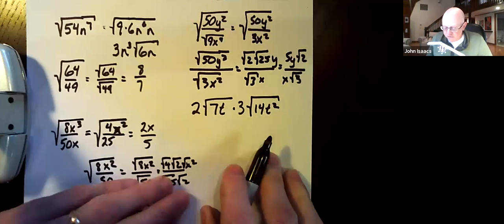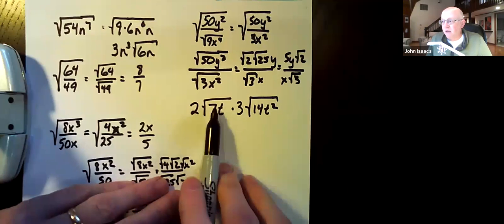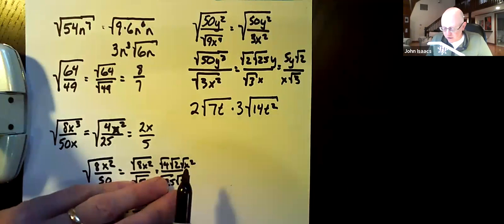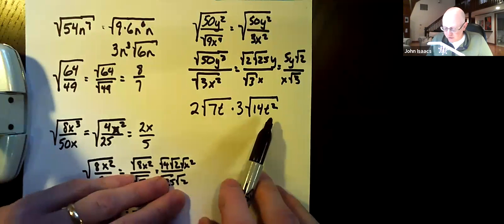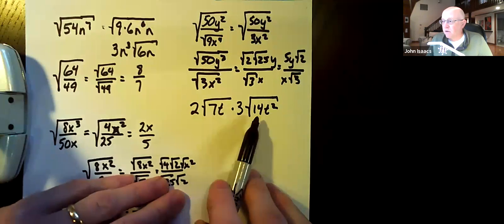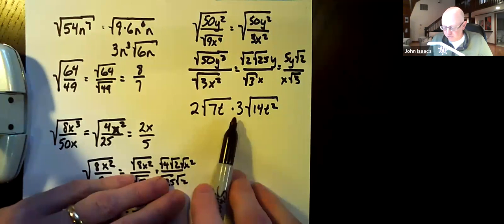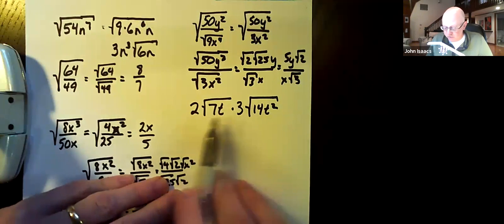Now here we have two things multiplied together, but you can combine everything. Look at the numbers and look at the variables separately. 14 is not a perfect square. 7 is not a perfect square. 3 and 2 aren't doing much right now.